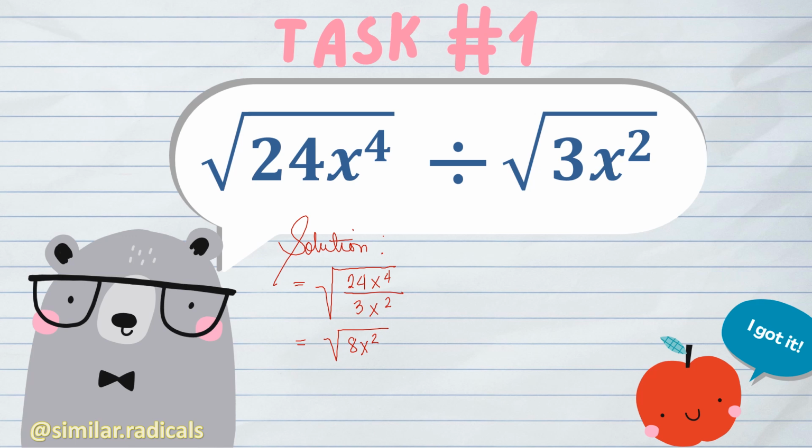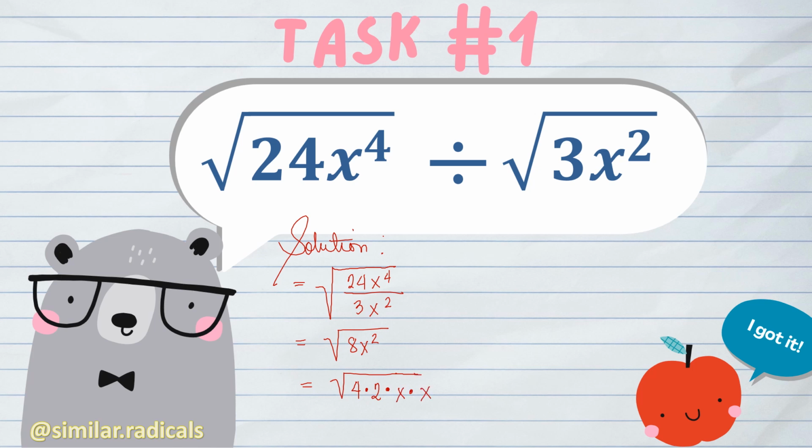Alright, and then after that, let's factor out 8. We all know it's equivalent to 4 times 2. You can break this down into 4 times 2, and x squared can also be broken down into x times x.